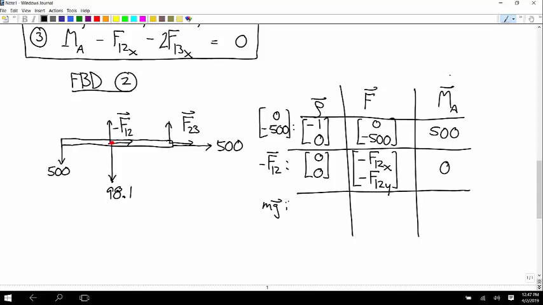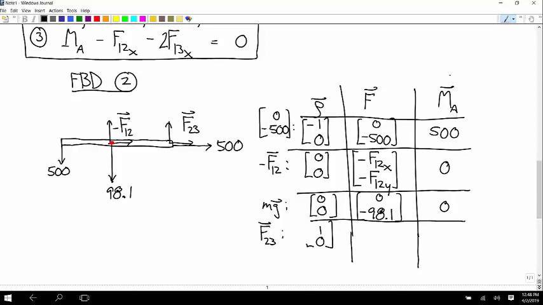And the weight force, the row vector is 0. The force is 0, negative 98.1. Cross is 0. Then F23, the row vector is 1, 0. Force is F23x, F23y.